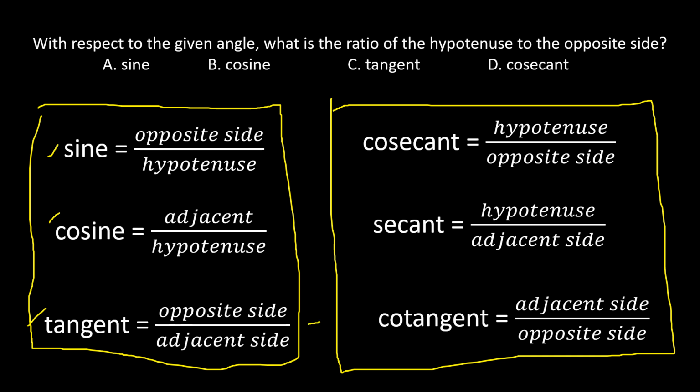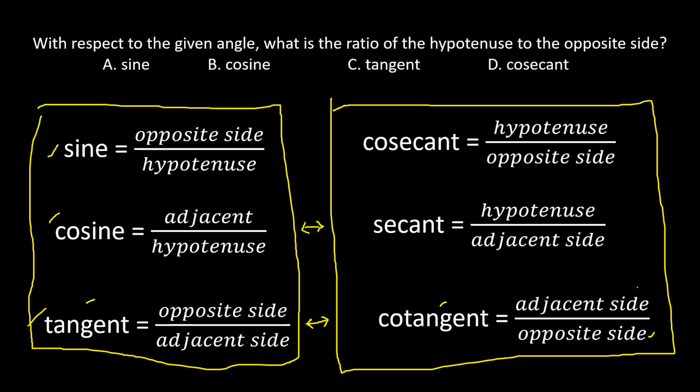I put them side by side to show that they are inverses. So this tangent here is the inverse of cotangent because cotangent is adjacent side over the opposite side. The inverse of cosine is secant.